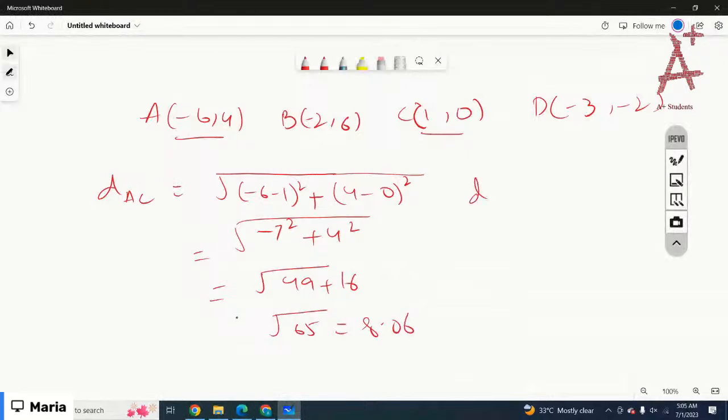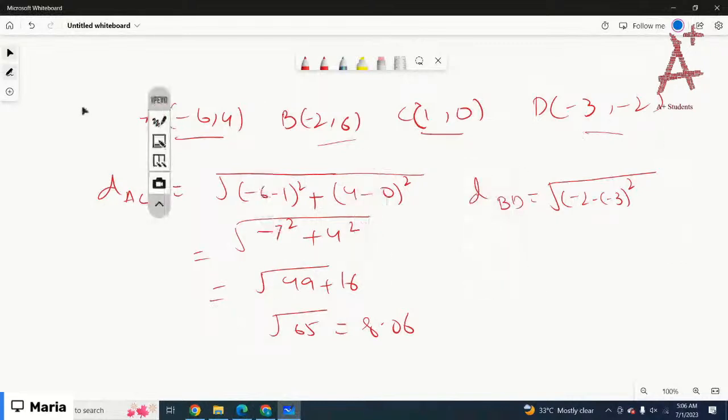Now you have to calculate the distance of BD, B and D. Negative 2 minus negative 3 whole square plus 6 minus negative 2 whole square.